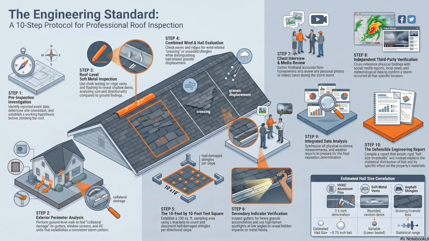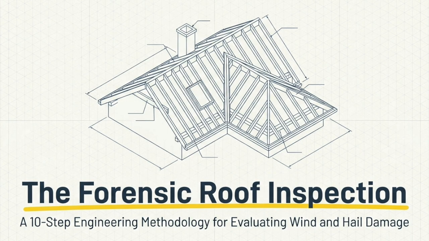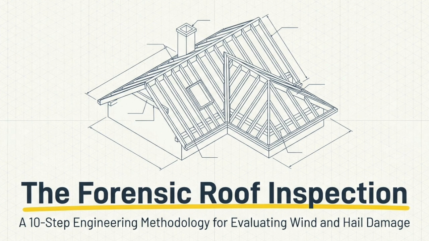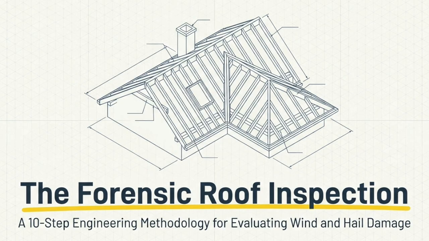Hail falls largely vertically or at a steep angle depending on the wind. A house shielded by trees might have absolutely zero wind damage because of that windbreak effect. Right. But it could still suffer catastrophic hail damage because the hail just plummets straight down through the gaps in the canopy. Wow. So you could have two totally different outcomes on the exact same house.